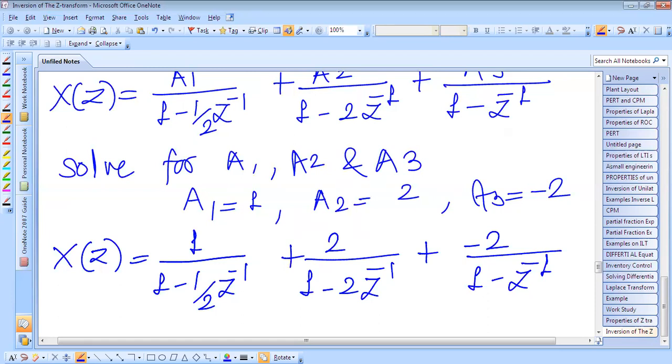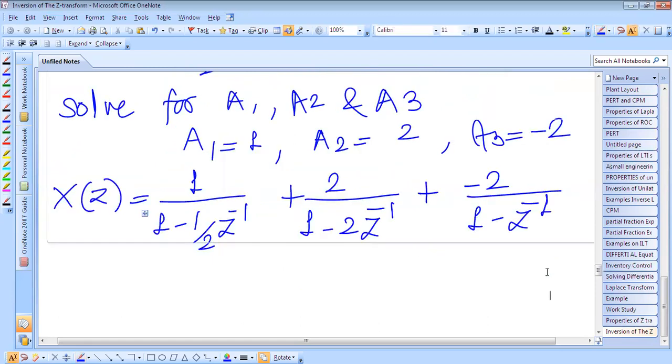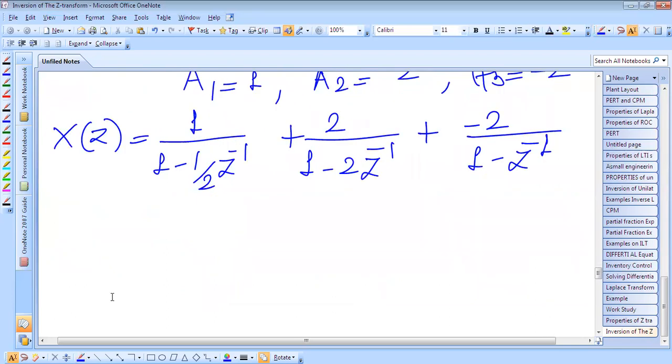Okay, so in this way we can write the values of A1, A2 and A3. As this is minus, the minus sign will appear here. Now we will find the inverse z transform of each term.